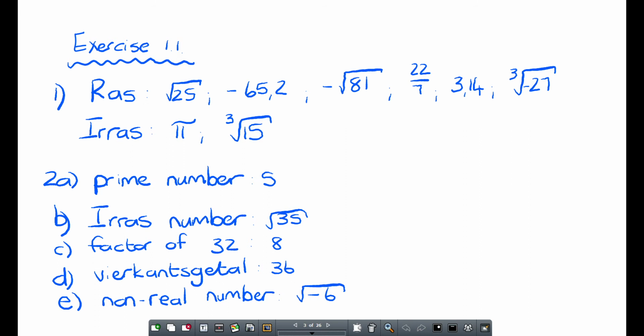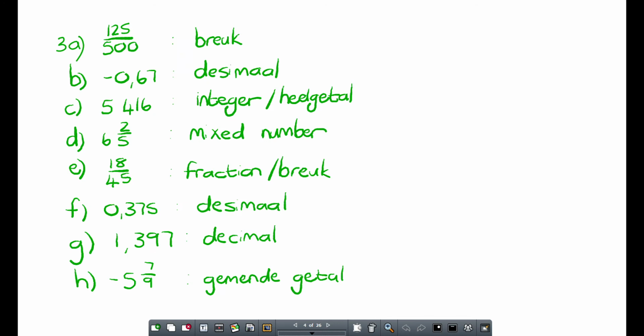But to get 8, I'd have to multiply, let's say, 4 times 2, so it's not the same number. Okay. Anyone else? Did you guys have any other options here at number 2? Good.